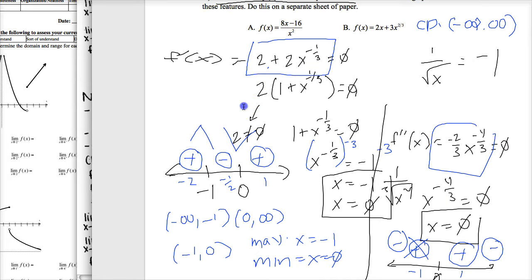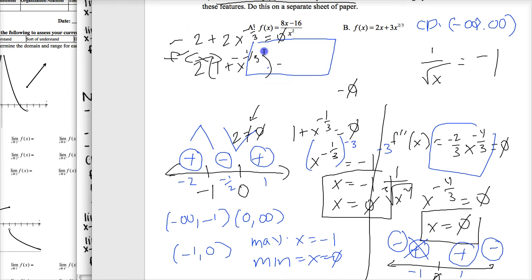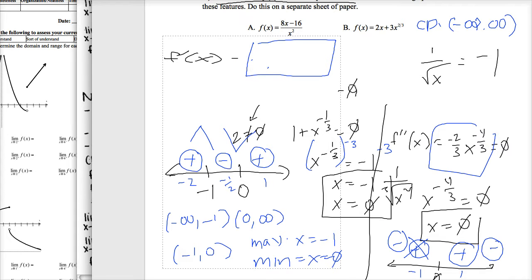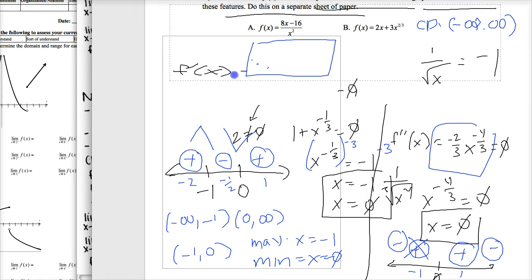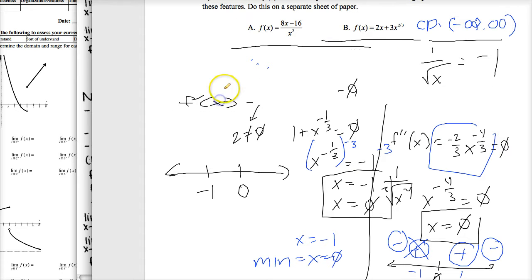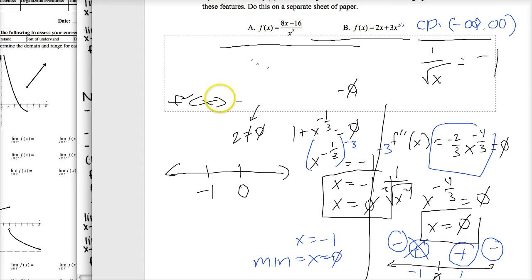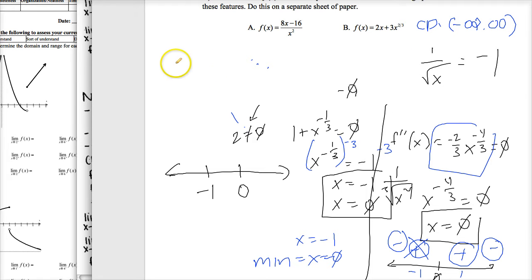Well, let me delete this real quick, if it lets me. Okay, I'm running out of space here, so let's just use this space right here. So first of all, I'll draw an axis.